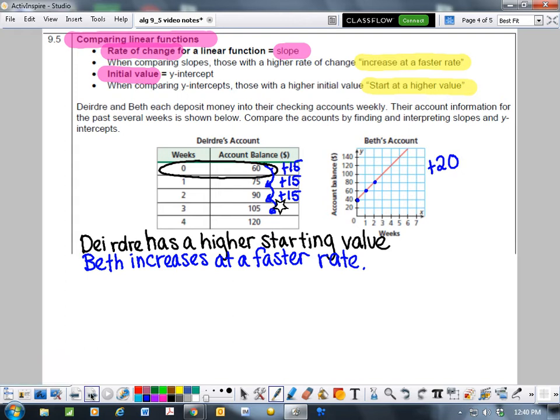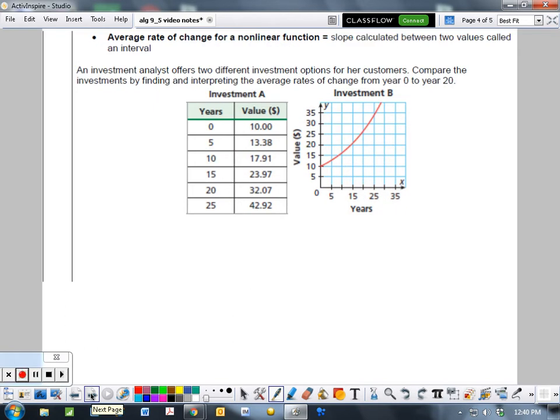Okay, average rate of change for nonlinear function. The slope calculated between two values at an interval. So average rate of change. So instead of breaking it down for each thing, we're only going to look at the beginning and end of an interval to calculate an average slope.